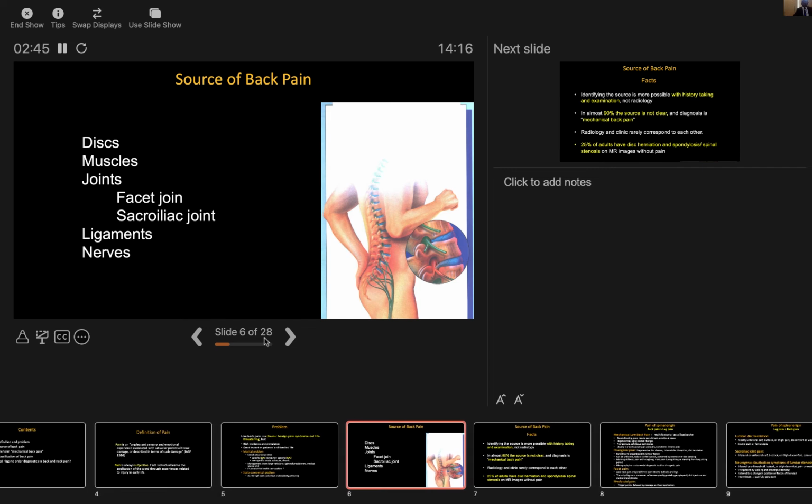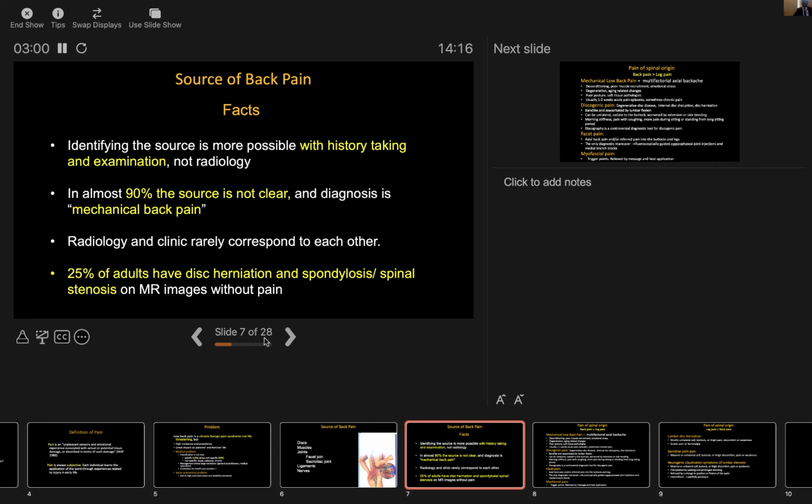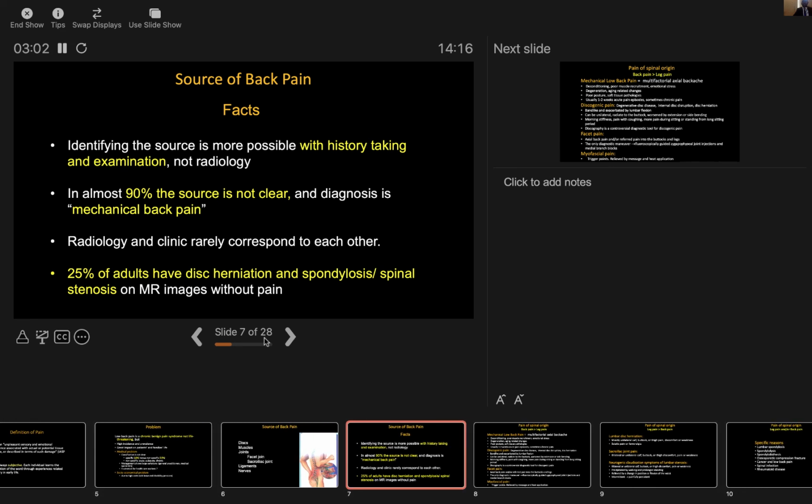What is the source of the pain? Let's look at it from that angle. Sources of the pain include discs, muscles, joints, facet or sacroiliac joint, ligaments, and nerves. All the tissues in the area can produce pain. And these are the facts. Identifying the source is more possible with history taking and examination, not radiology.